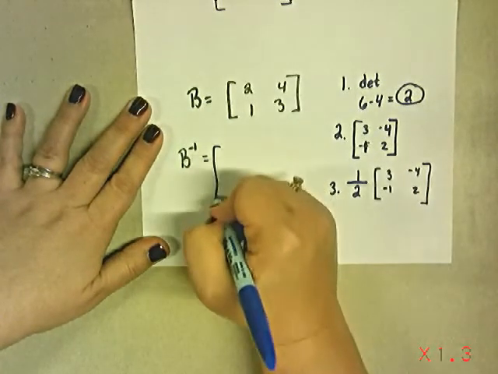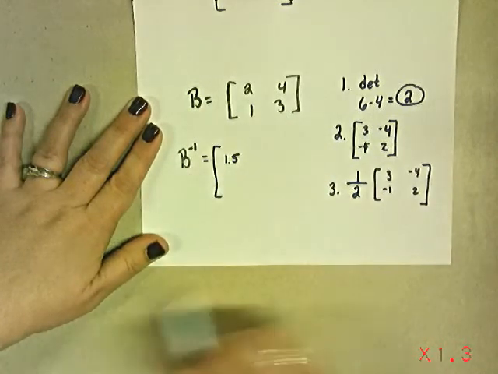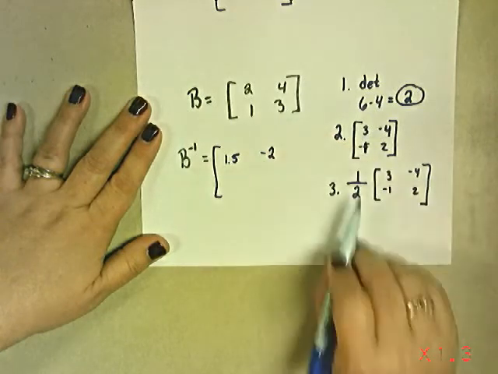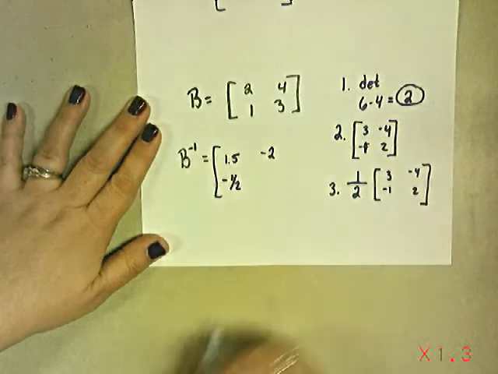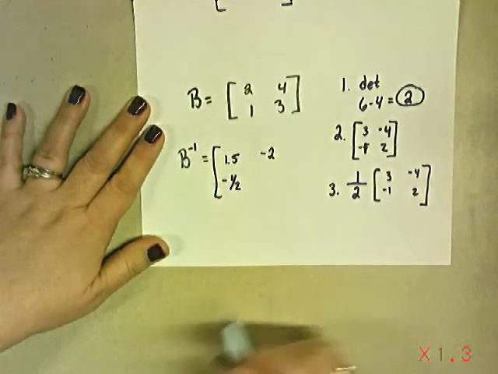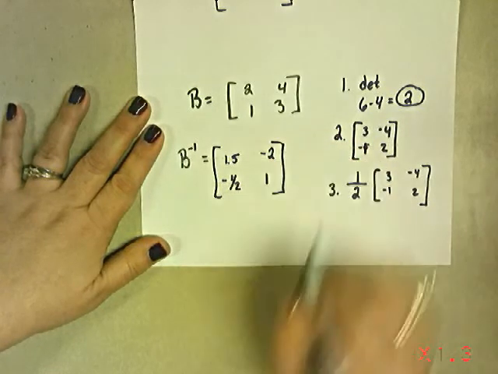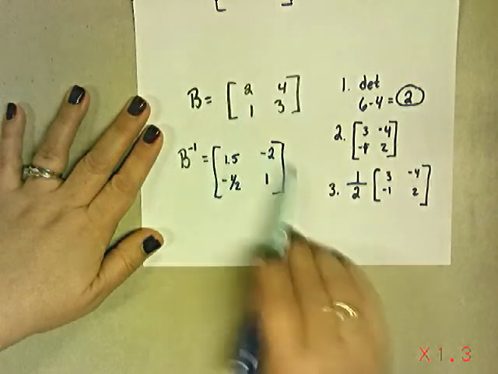Half of 3 is 1.5, or 3 over 2, whatever makes you happy. Half of -4 is -2. Half of -1 is -1/2, or -0.5 if that makes you happy. Half of 2 is 1. So the inverse of B is this.